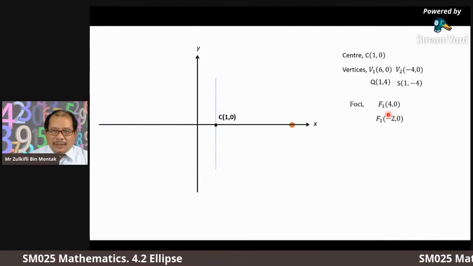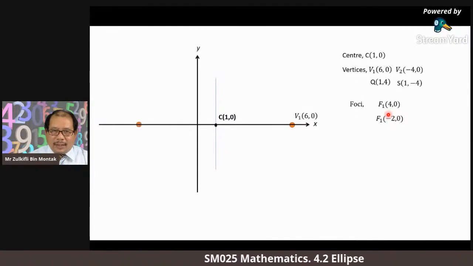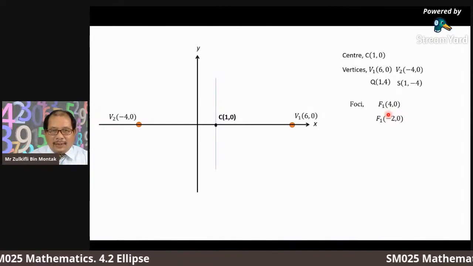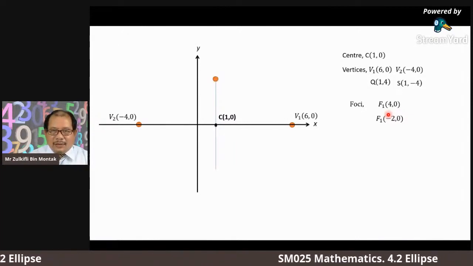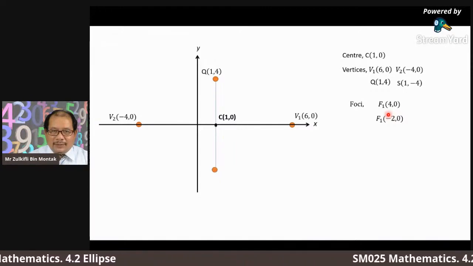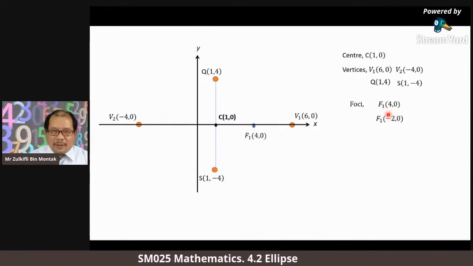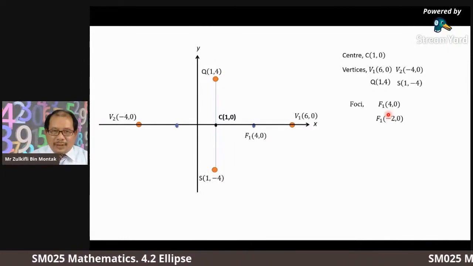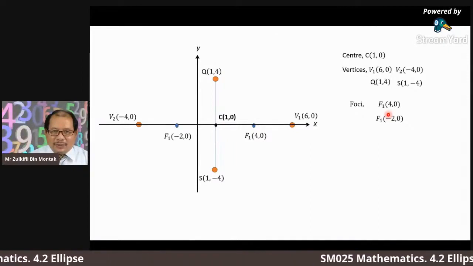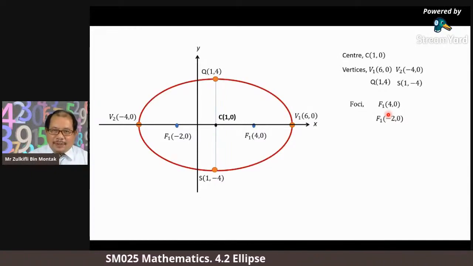The first vertex is (6, 0) and the other vertex is (negative 4, 0), on the major axis. The other vertices are (1, 4) and (1, negative 4). This is the focus (4, 0) and the other focus is (negative 2, 0). So this is the graph for the ellipse.